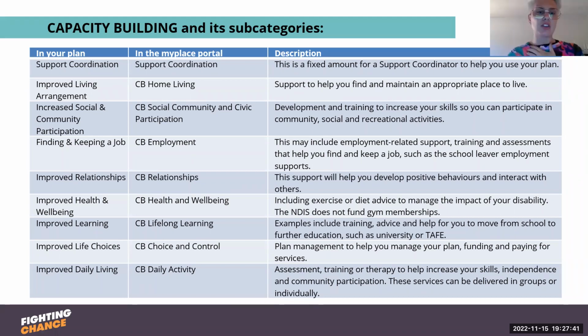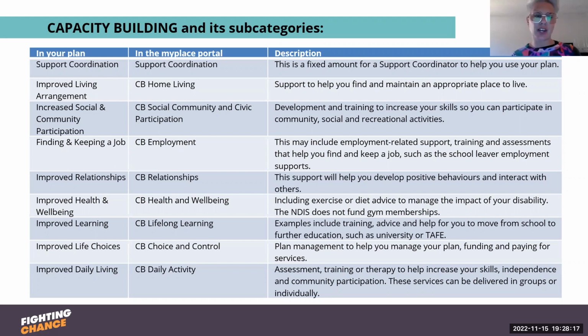So the CB social civic is essentially for development and training to increase your skills and participate in the social community and recreational activities. It might be for programs like the most common program that's funded in this area, PEERS, the social skills program for people on the spectrum and with other neurodevelopmental conditions, but it can also be for other programs that you might have identified.